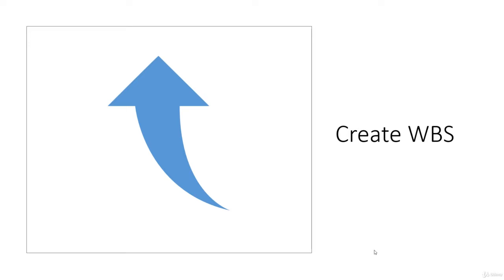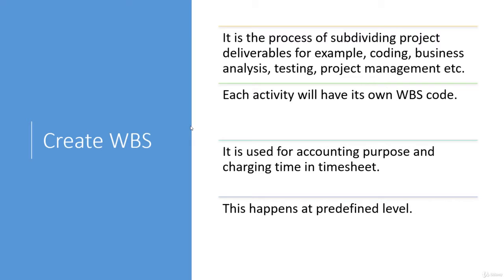Now, you create these items in order to decompose the entire project activities, the entire project work, and use them for billing and accounting purpose. Let's take the example of a software development project. If we divide it into a few phases, the initial phase will be the design phase, or rather the requirement gathering phase.